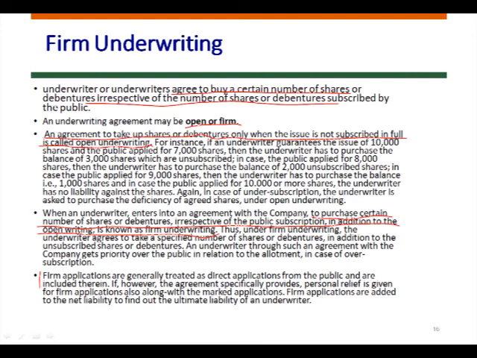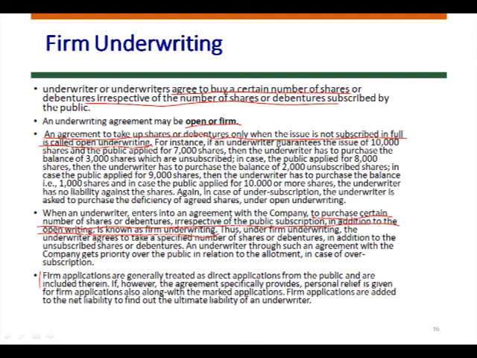Firm applications are generally treated as direct applications from the public and are included therein. If, however, the agreement specifically provides, credit is given for the firm applications also along with the marked applications, and firm applications are added to the net liability to find out the ultimate liability of the underwriter.